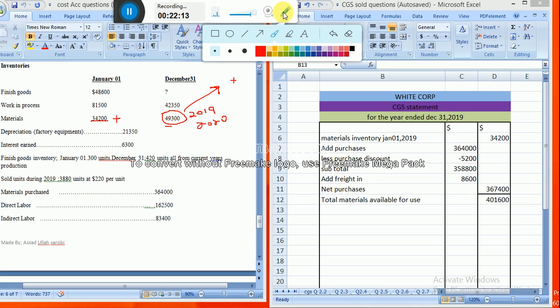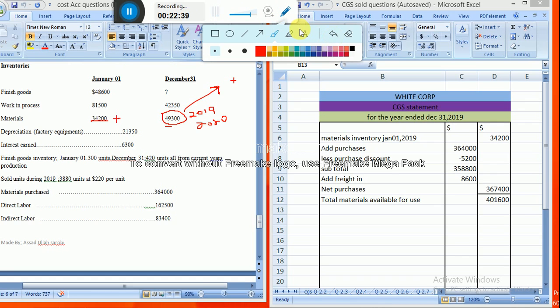So for that purpose, we are adding the previous time period remaining materials and subtracting the current time period materials to find out the exact material cost, that is how much material we used for the specified period of time.